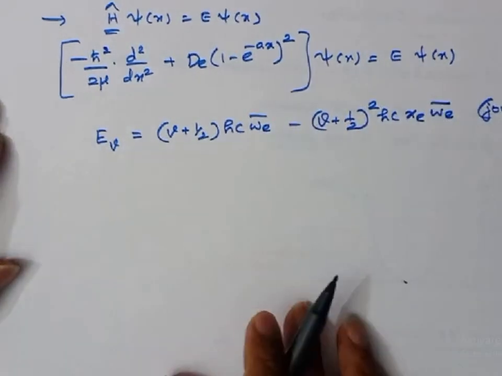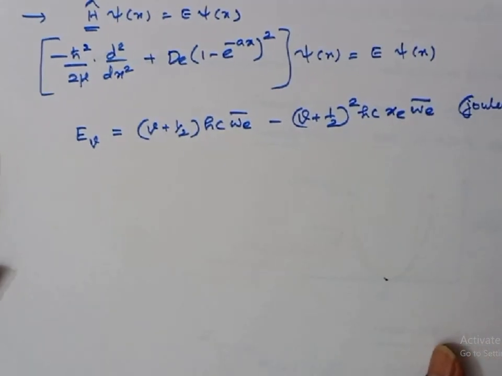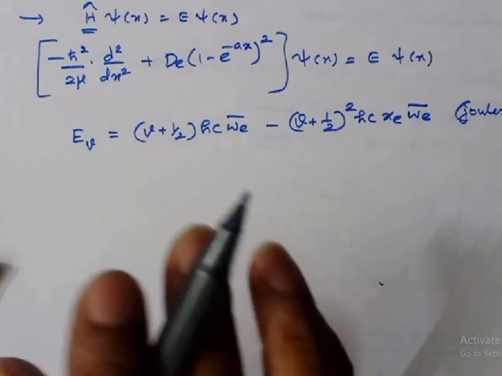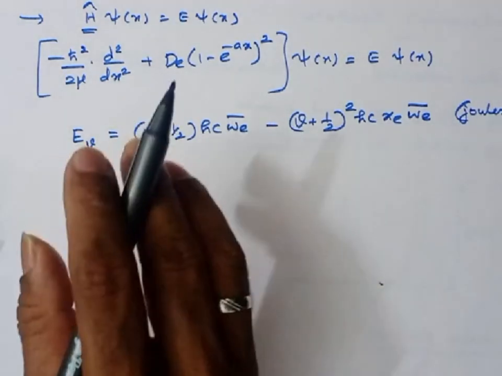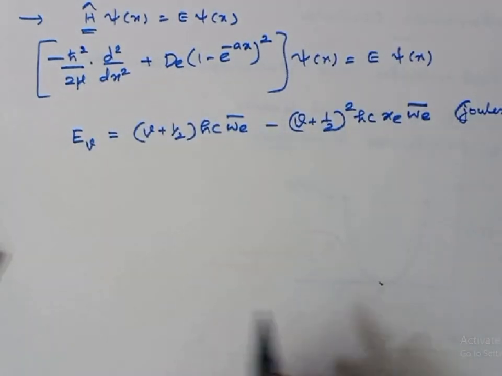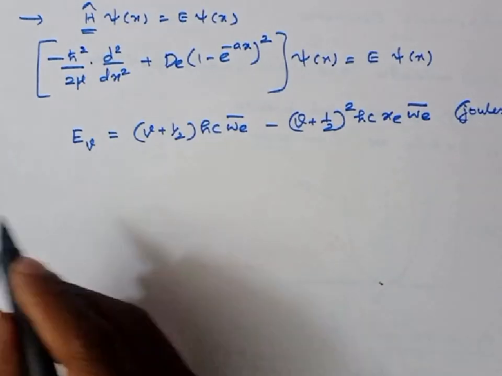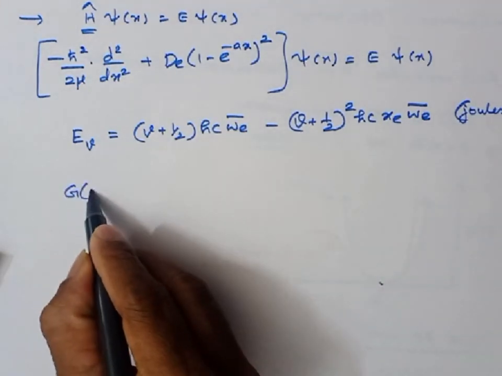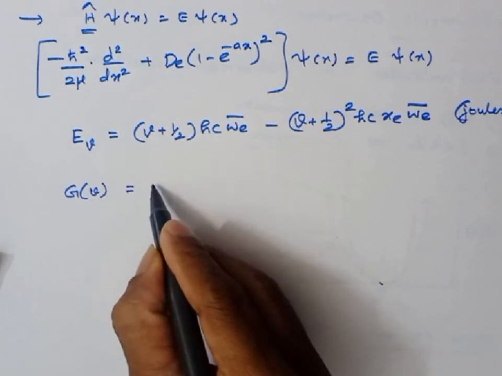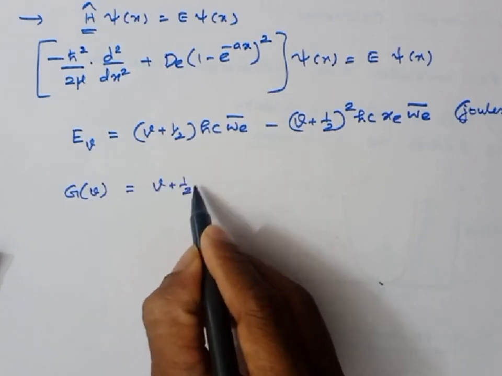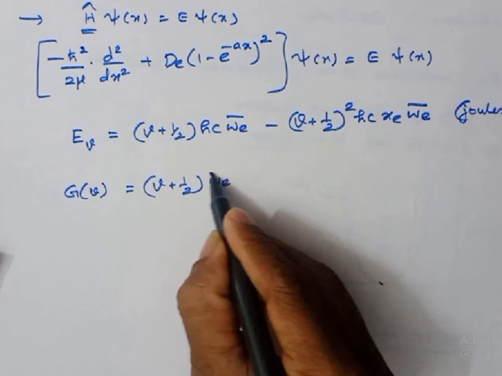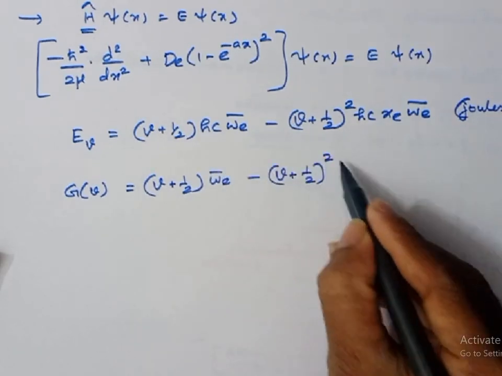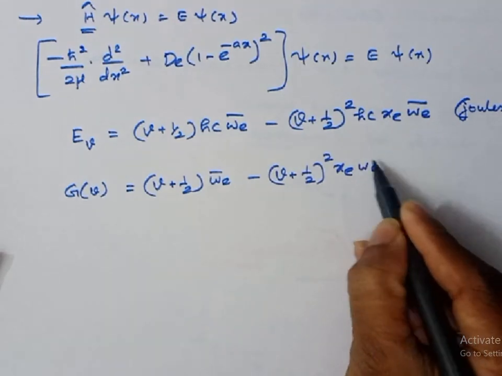If you want the energy expression in wave number unit, in spectroscopy, conventionally we write energy in wave number unit because it has a direct advantage with the spectrum. So the vibrational energy in wave number unit is given as (v plus half) into omega_e bar minus (v plus half) the whole square into x_e into omega_e bar.